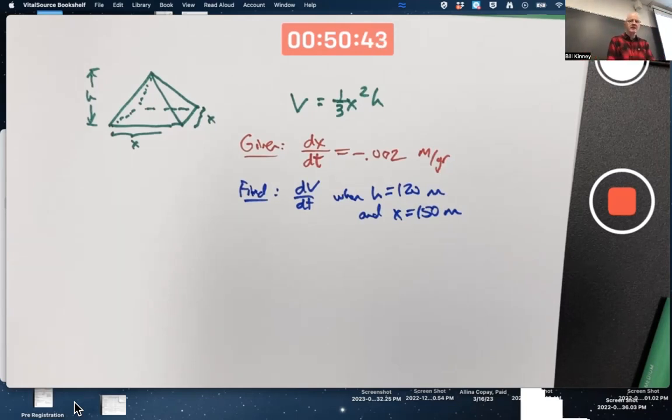Here, we're not assuming x is a function of h or h is a function of x. We're assuming x and h are functions of t, time, although h is a constant function of time. But we could modify that assumption too. We could assume h decreases as well.